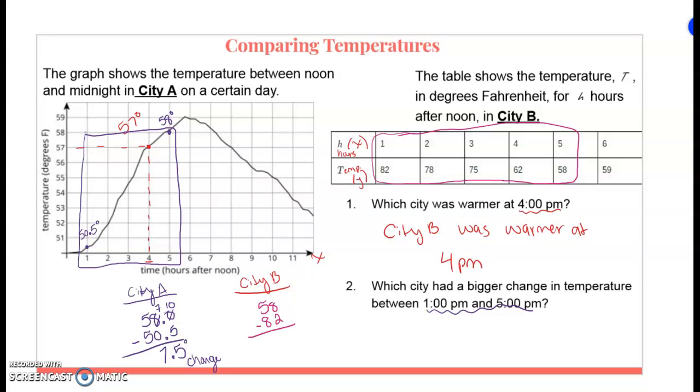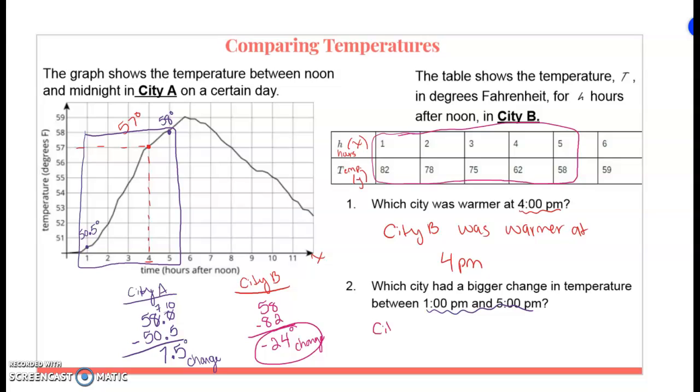If you actually calculate this out, it's going to be negative 24 degree change. Now, this does have a negative change, but in math, usually we say that it's just a regular 24 degrees. I could have flipped it the other way and still got the same answer. So in this case, whether it's positive or negative, I know that City B has a big temperature change.